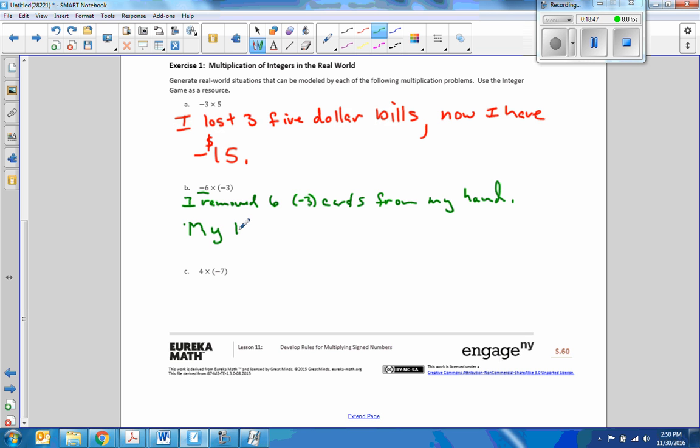My hand value increased by 18 points. Okay? So a negative times a negative is positive.